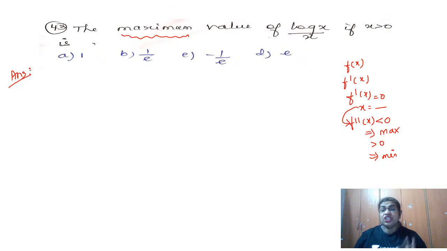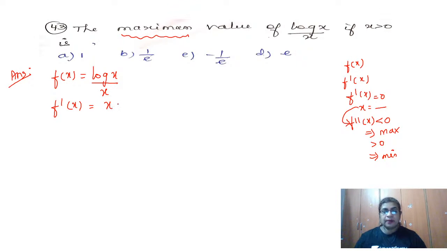I have a shortcut for you here. What is asked here? The maximum value of log x by x. Let me call log x by x equal to f of x. I need to find the first derivative, so f dash of x, using the quotient rule: denominator into derivative of numerator minus numerator into derivative of denominator, whole divided by denominator square.